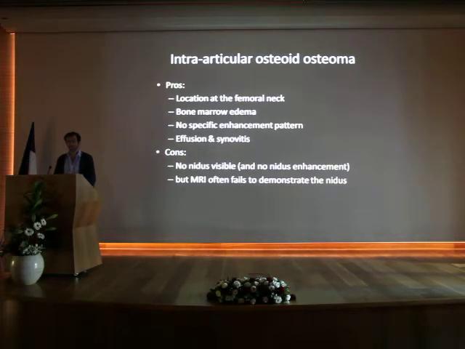Now, the hypothesis of an intra-articular osteoid osteoma: the location at the femoral neck is classical. Bone marrow edema and non-specific effusion and synovitis are also consistent with this. Against this hypothesis, no nidus was visible, but if the nidus is small, it is often not visible on MRI.